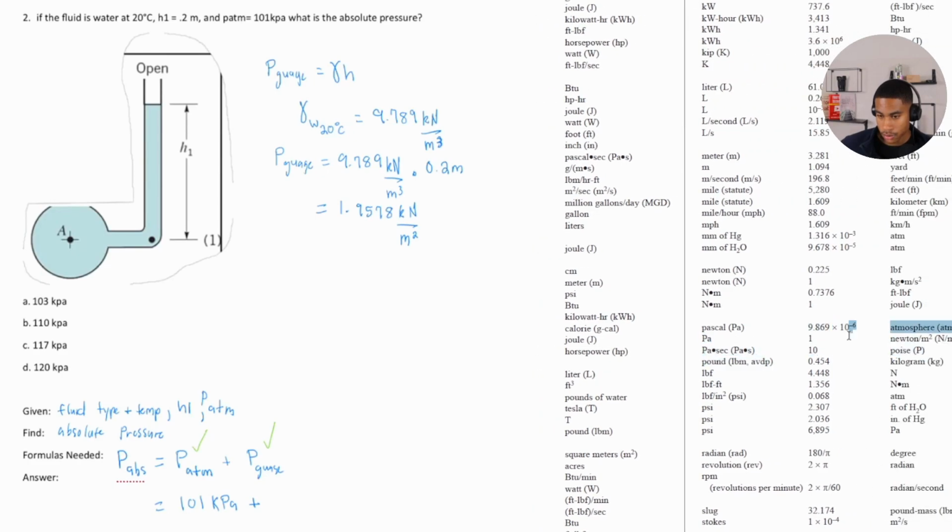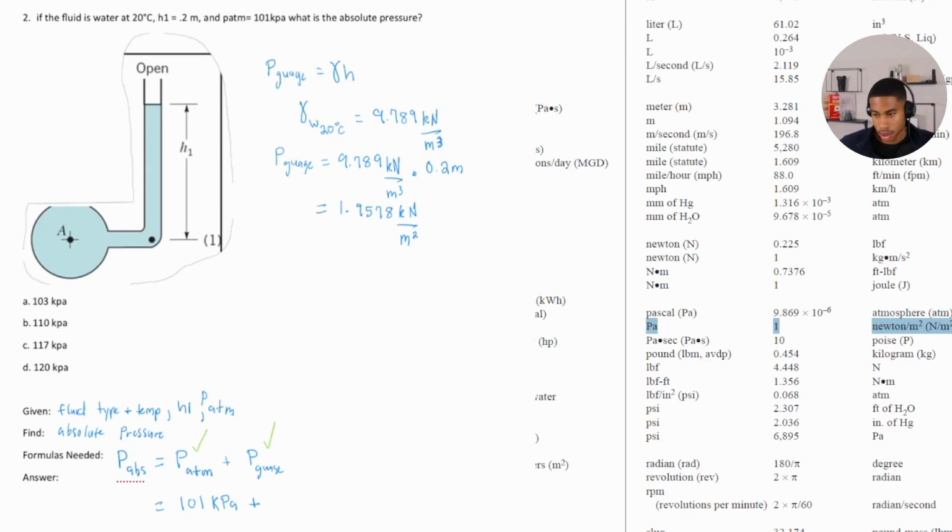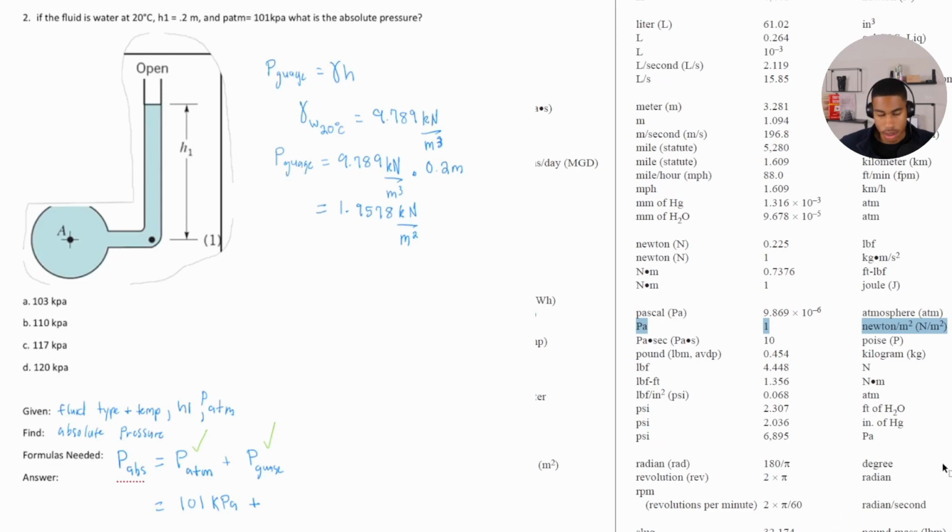All right, so 1 Pascal equals 1 Newton per meter squared. Okay.